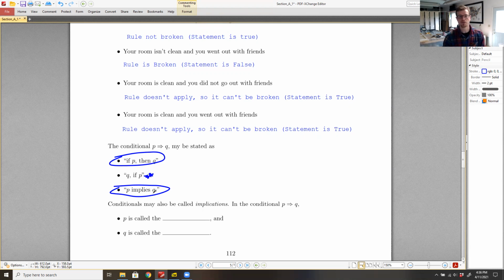P implies Q is probably the way you want to say it. And Q if P, you could write it or say it that way if you felt so inclined.